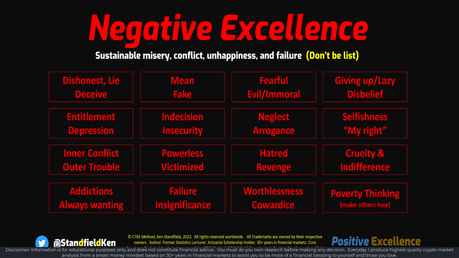It's all about entitlement, dishonesty, lying, deception, being mean, neglecting, being arrogant, taking other people down any chance a person can get, being in inner conflict, and having outer trouble all the time. Indifference and cruelty come from negative excellence. I don't often talk about negative excellence because, seriously, it's ugly. The problem is that we all have negative excellence and positive excellence within us.